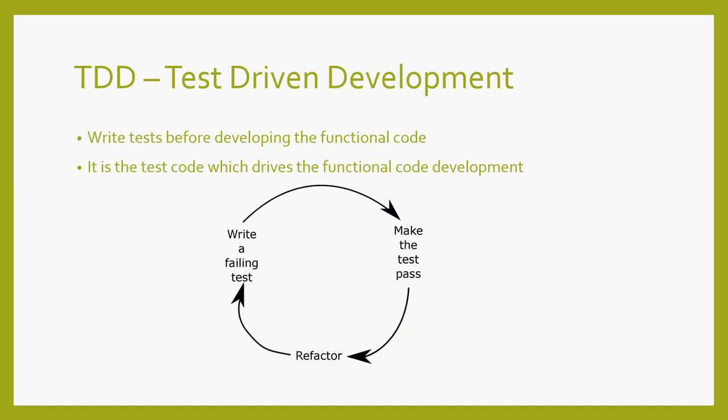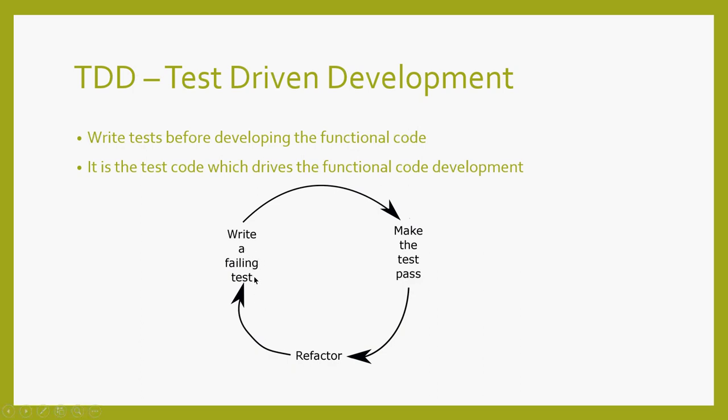Okay, so starting with the quick intro to TDD. As the name suggests, test-driven development, the tests are going to drive the development. It basically means that before even starting to write the functional code, the tests have to be written, and that is what is going to drive the entire development. As you can see in the diagram, the first step is to write a failing test.